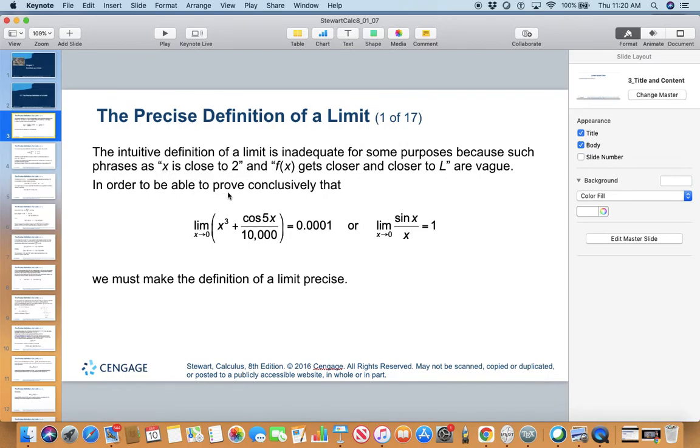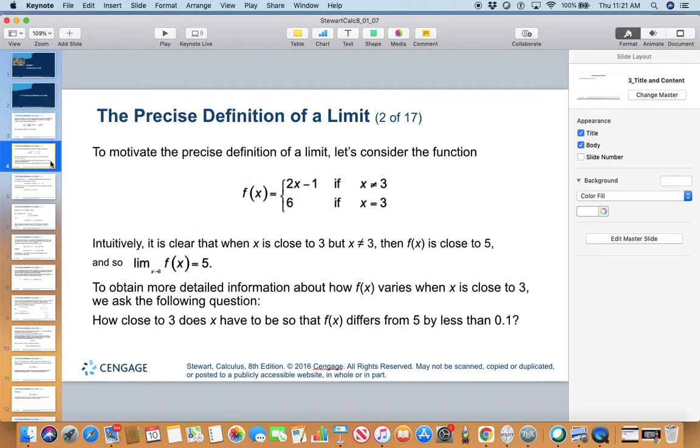In order to be able to prove conclusively that the limit as x approaches 0 of x cubed plus cosine 5x by 10,000 is 0.0001, or the limit as x approaches 0 of sine x by x is 1, notice this is not straightforward to understand. We must make the definition of a limit precise.